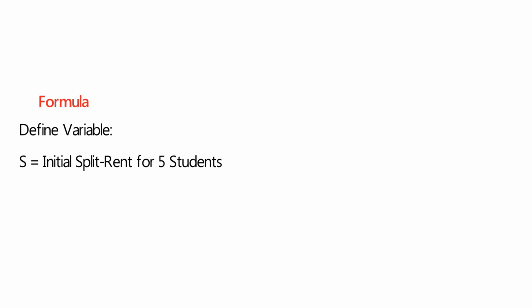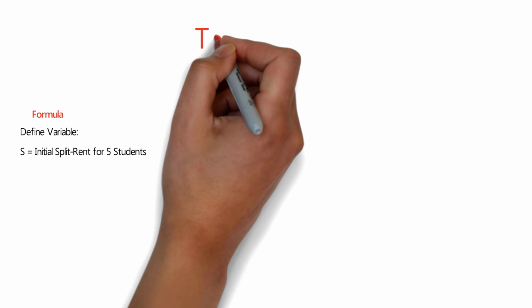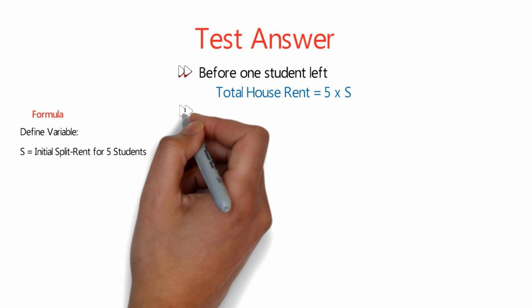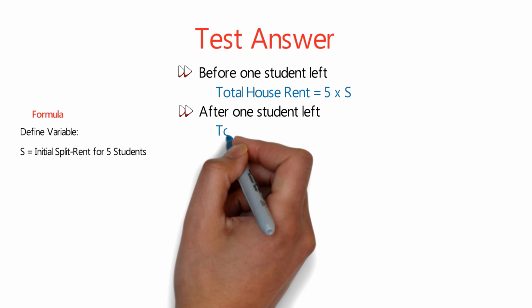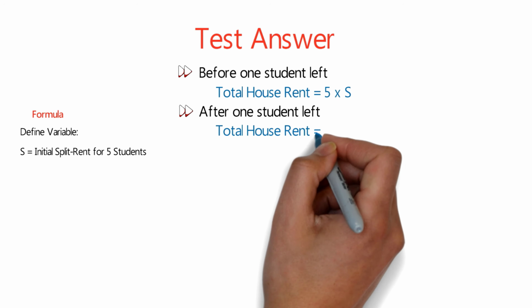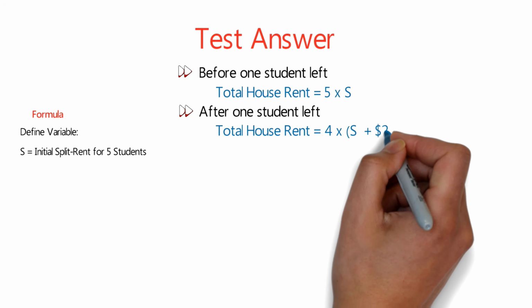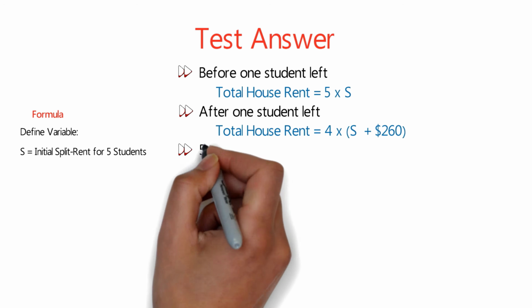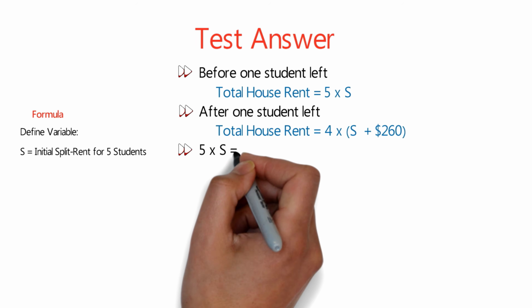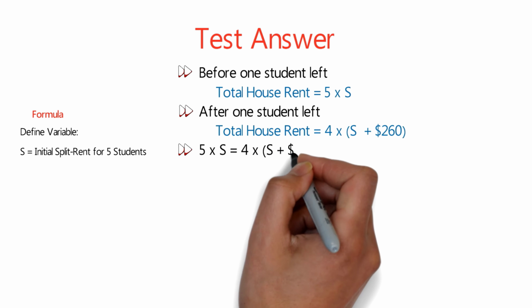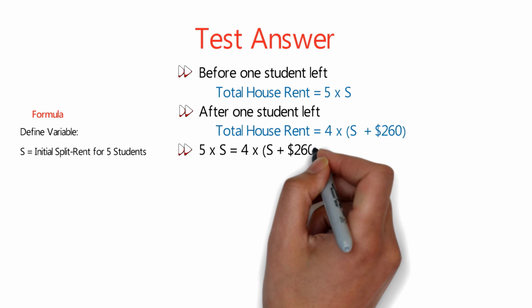So, using this formula, we can calculate the total house rent as 5 multiplied by S, which means that after 1 student left, the total house rent could also be calculated as 4 multiplied by (S plus $260). Using both approaches, we can create an expression. 5 multiplied by S equals 4 multiplied by (S plus $260).